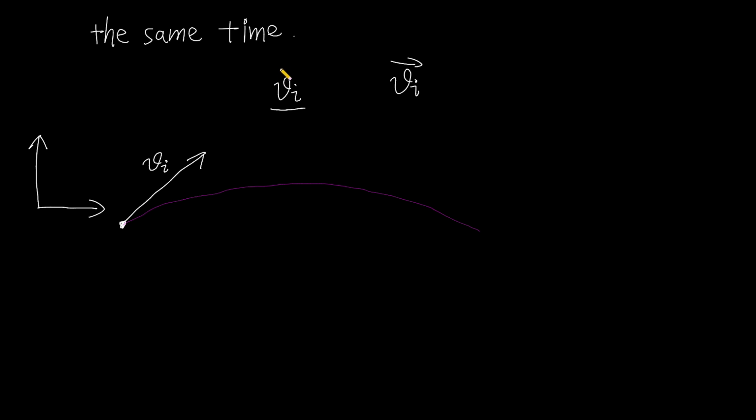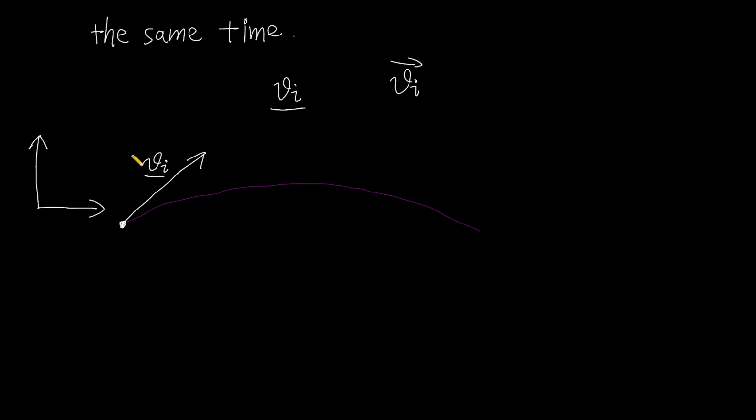It's just the textbook does it in this way. But we just remember that this is a velocity and it is a vector.